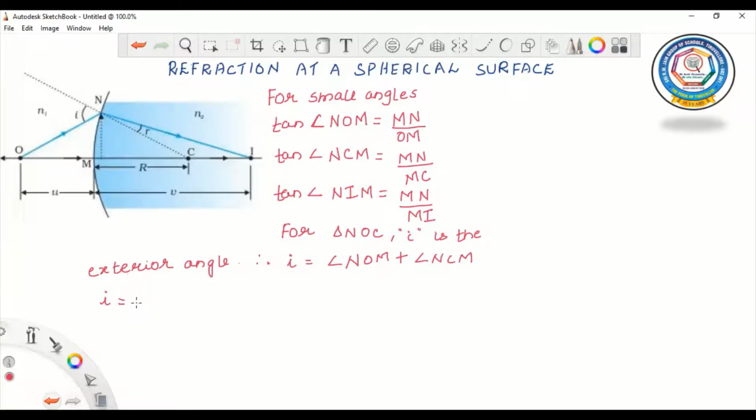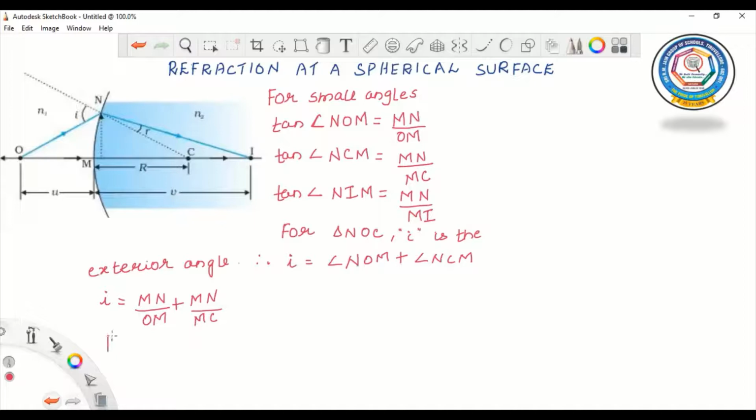You know what angle NOM is: MN divided by OM, plus what is NCM? MN divided by MC.